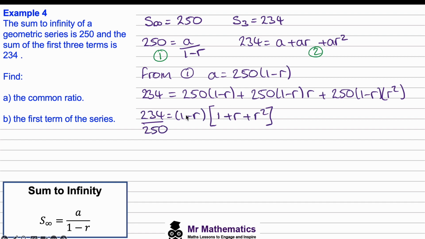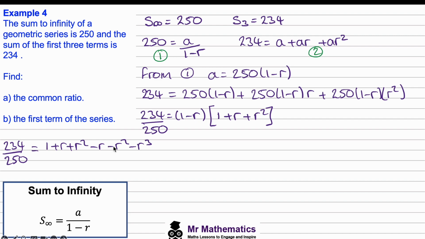At this point, we can expand out this bracket with this bracket. So we get 1 times 1, 1 times r, 1 times r squared, negative r squared, and negative r cubed. We can simplify the right-hand side because this positive r will cancel with this negative r. This positive r squared will cancel with this negative r squared.